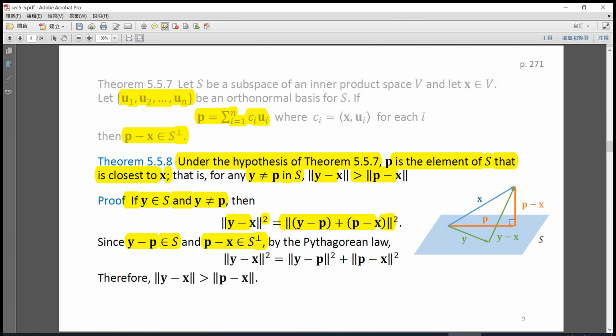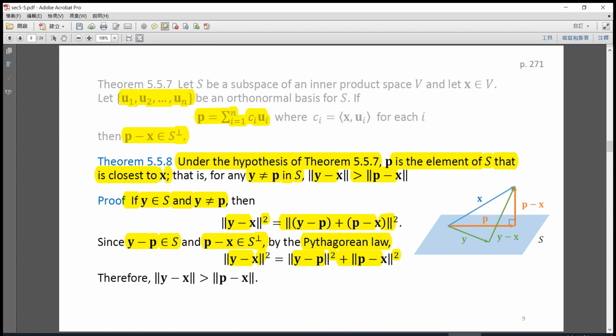Then, because Y minus P is orthogonal to P minus X, by the Pythagorean law, we have the square of the norm of Y minus X equals the square of the norm of Y minus P plus the square of the norm of P minus X.